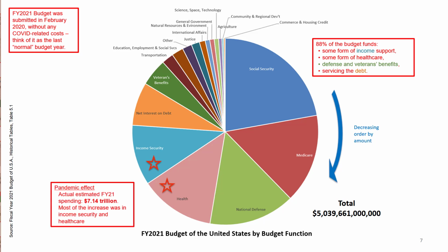We spent $7.14 trillion in fiscal year 2021, and most of the increase was in those two wedges with the star, healthcare and income security. If you got one of those or two of those or three of those stimulus checks, you were in that income security wedge, which led us to a FY22 budget that looked a little different from FY21.